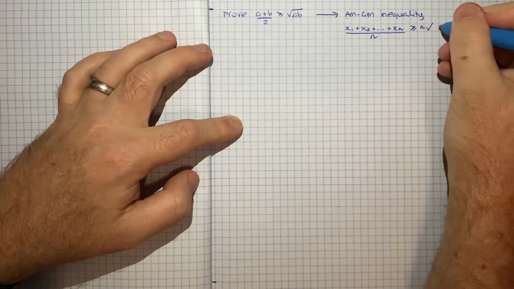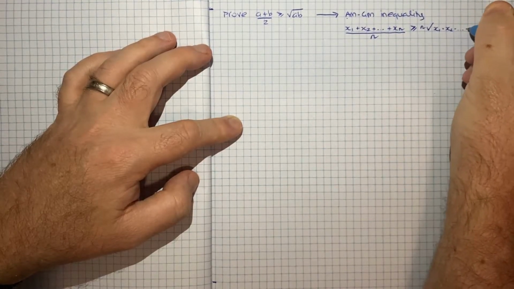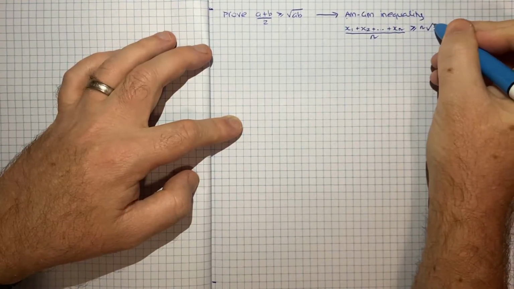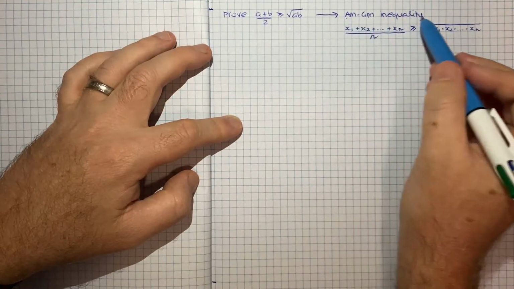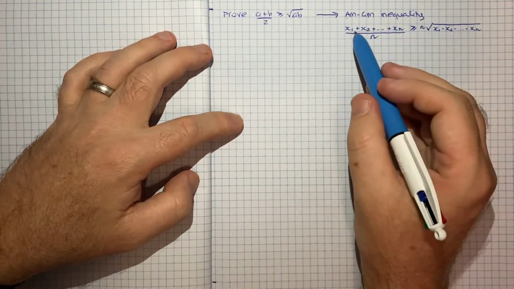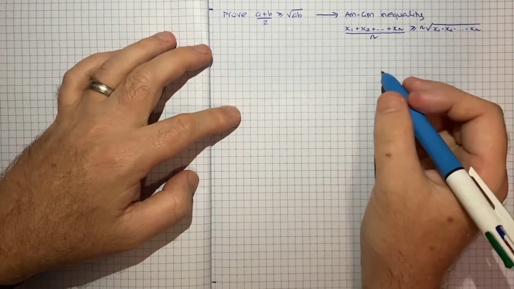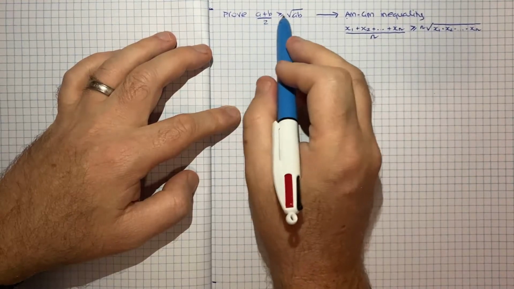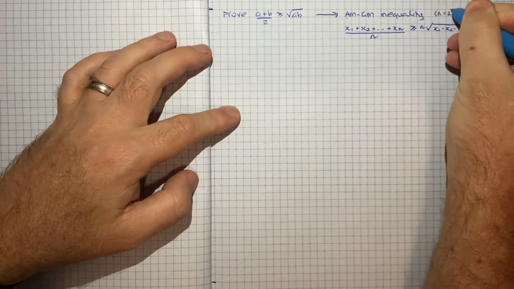In other words, the geometric mean. So if I did x1 times x2 all the way up to times xn, and took the nth root, that's called the geometric mean. This inequality in general says the arithmetic mean is always greater than or equal to the geometric mean. So what we're looking at here is, in effect, this inequality for n is equal to 2.